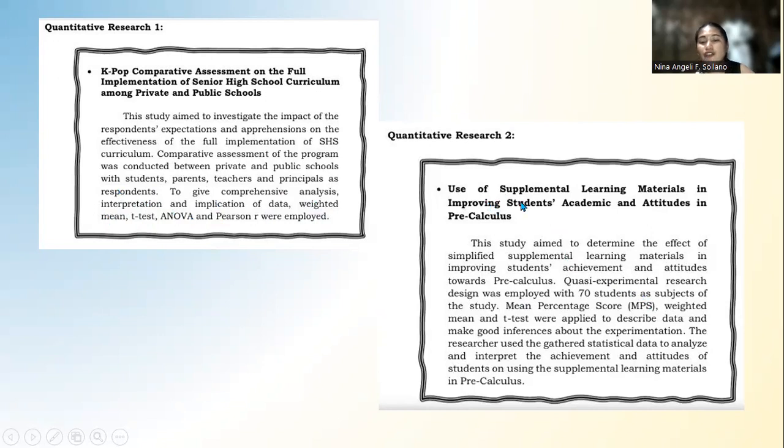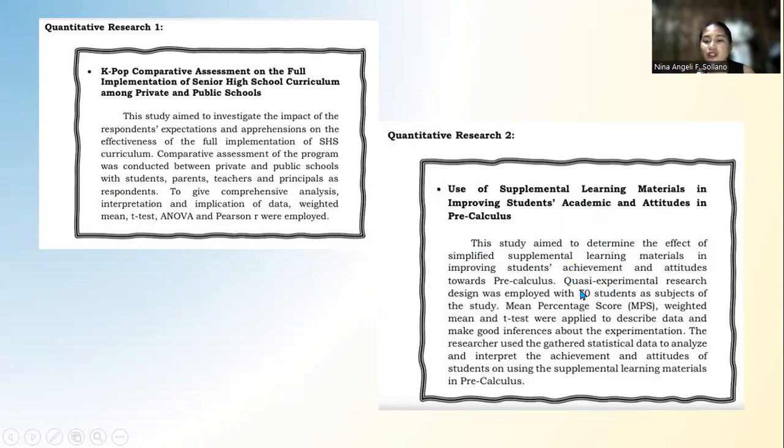Next, we have use of supplemental learning materials in improving students' academic achievement and attitudes in pre-calculus. Okay, so this is an example study for STEM students. So this study aimed to determine the effect of simplified supplemental learning materials in improving students' achievement and attitudes towards pre-calculus.